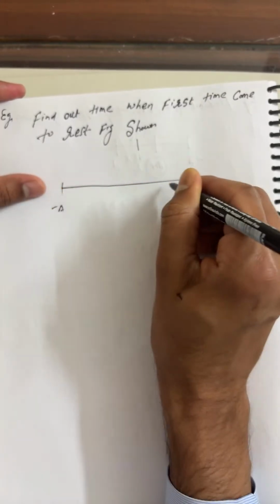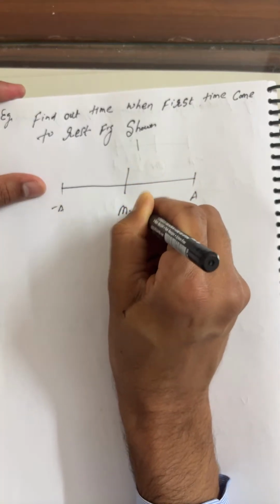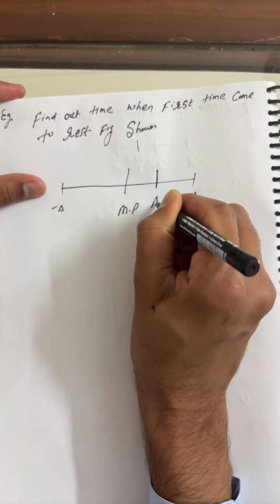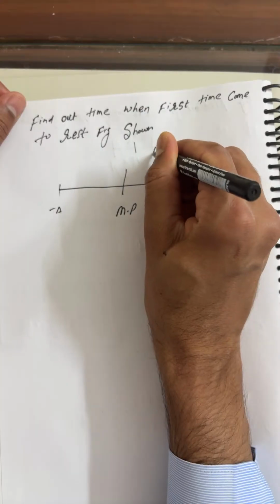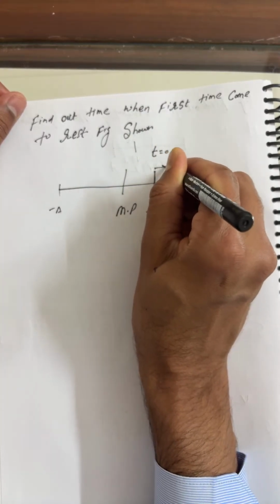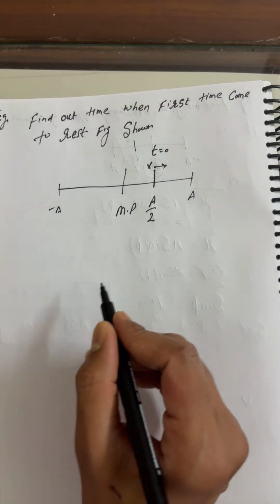This is minus a, this is plus a, and this is the mean position. The particle is somewhere at a by 2 at t equals 0. This is the velocity of the particle at t equals 0, right?